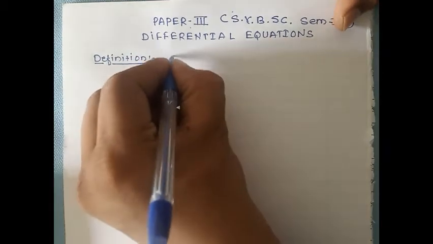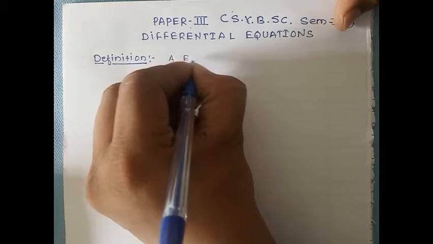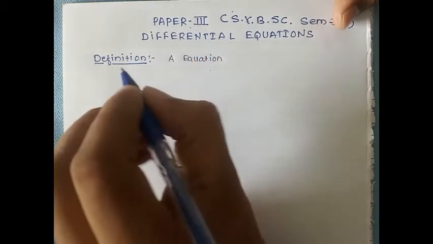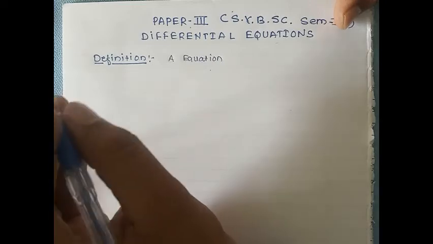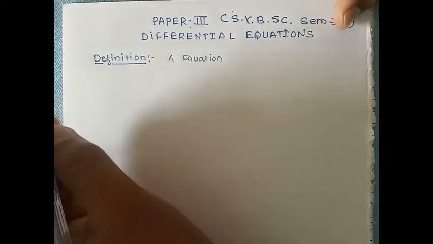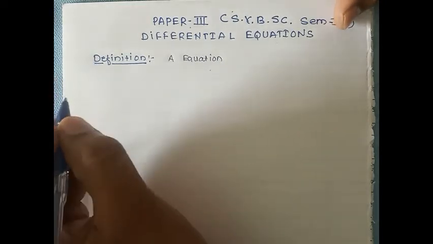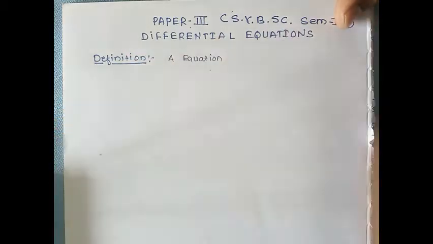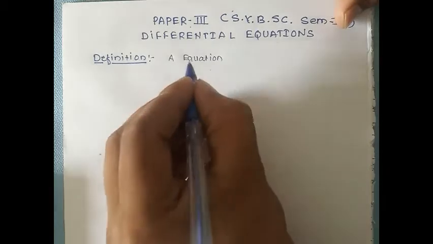An equation involving one dependent variable and its derivative with respect to one or more independent variables is called a differential equation. Now, what is meant by the dependent variable?